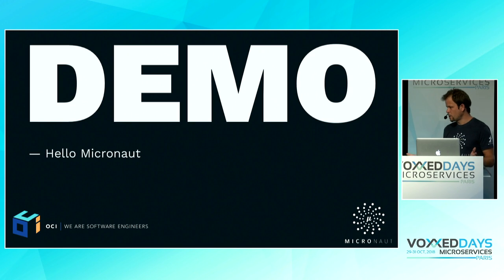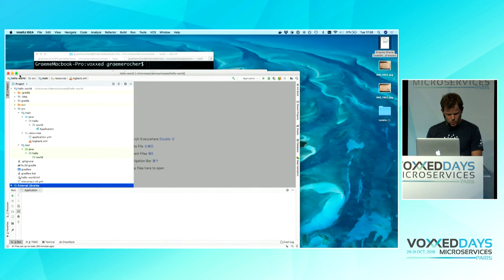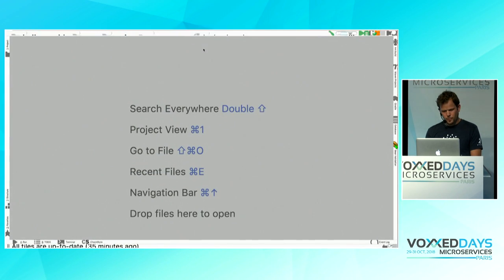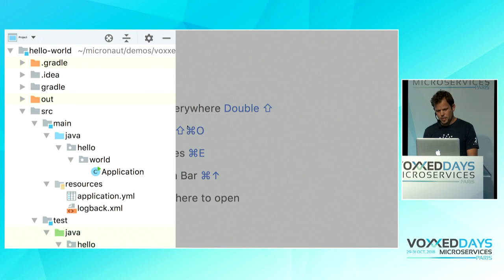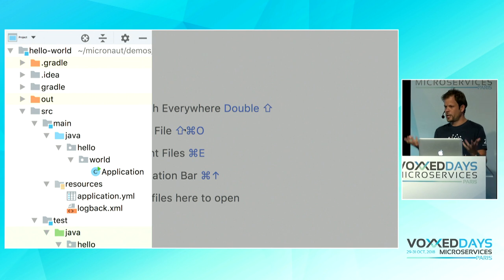So that's enough talk. Let's do a demo of Micronaut and see exactly what I'm talking about. So let's put a presentation mode here. I have an application here. It's a Micronaut application. We have a command line utility that's optional, but it's nice to get going. You can create an app, and it's very fast to get going.